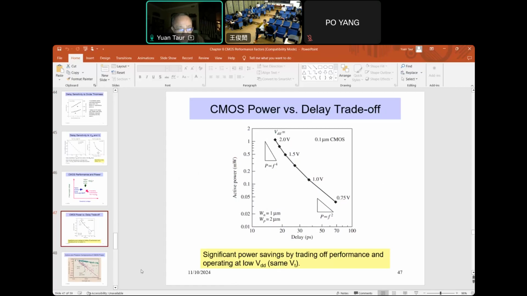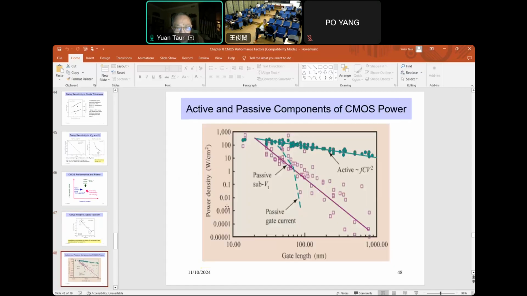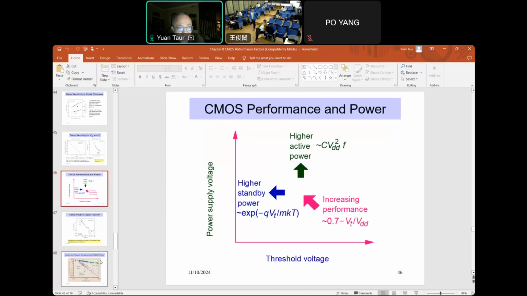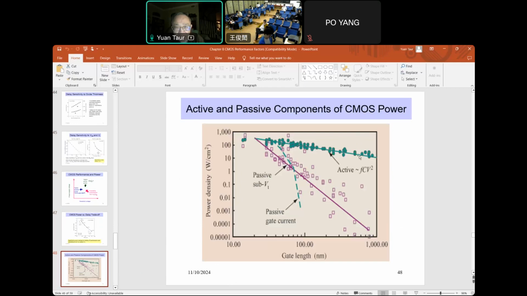And we have a chart that shows the different components of power. The green is active power, CV squared f. That goes up as the gate length goes down, but it goes up very slowly.